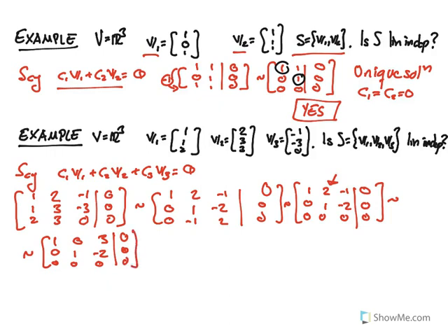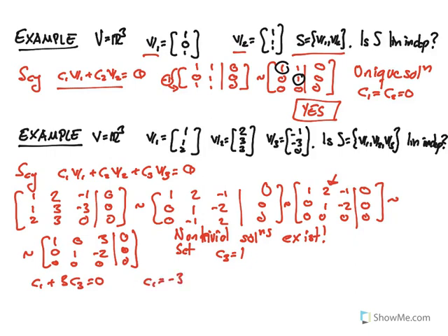Okay, so now there are non-trivial solutions. We have C3 as a free variable, so let's set C3 to be 1, and then the first equation reads C1 plus 3C3 is 0, so C1 would be minus 3. The second equation reads C2 minus 2C3 is 0, so C2 would be 2.